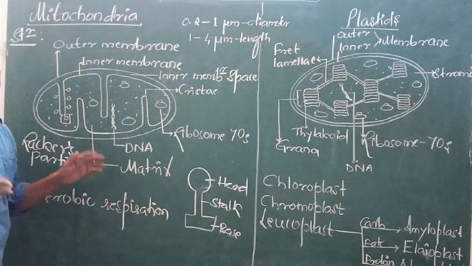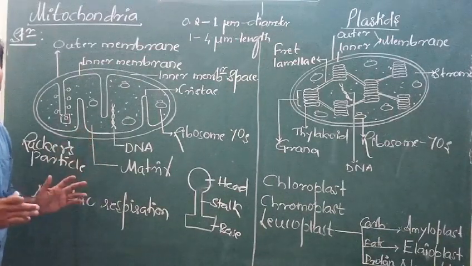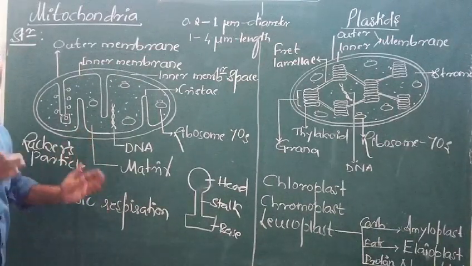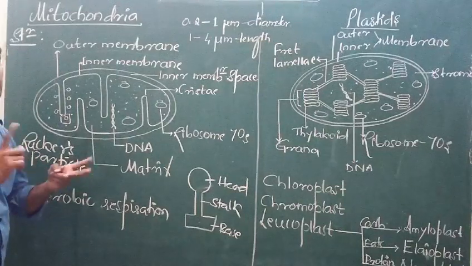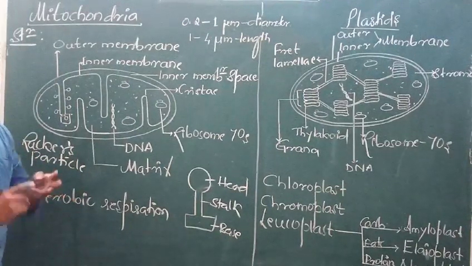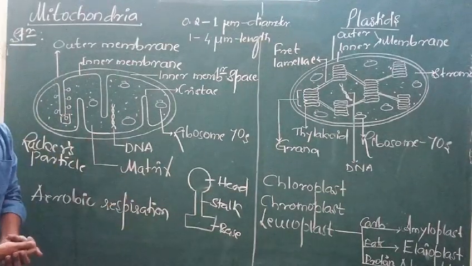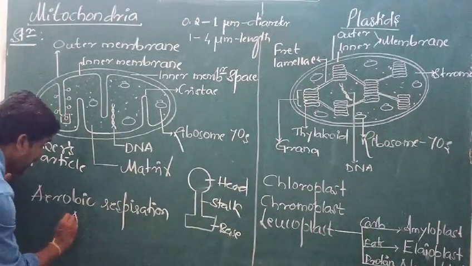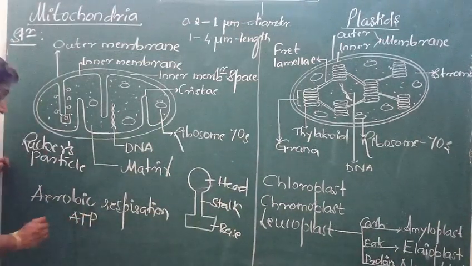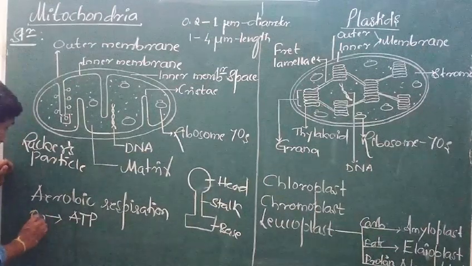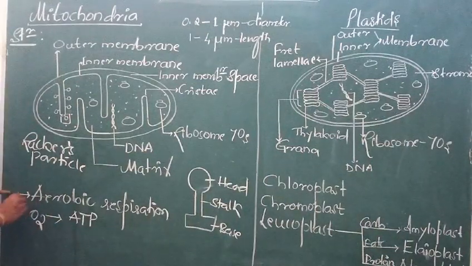This matrix contains a large number of enzymes responsible for breaking down carbohydrate, protein and fat to produce energy in the form of ATP by using oxygen, that is called aerobic respiration.